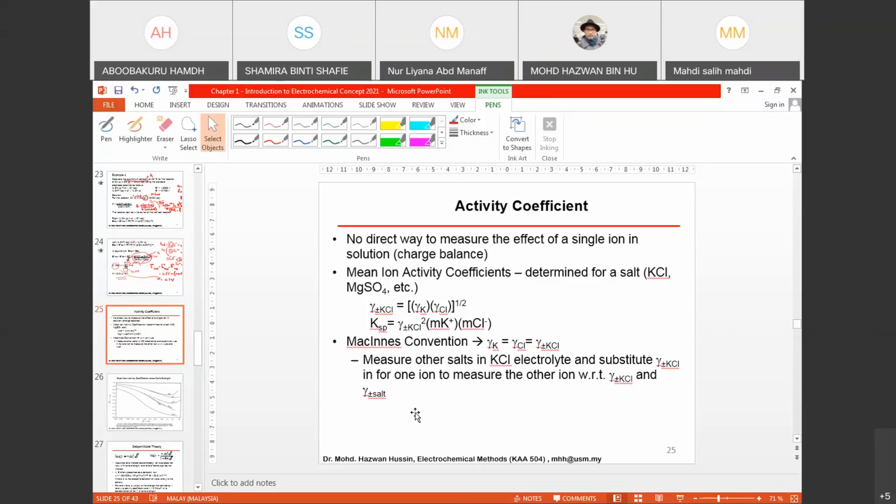This is always related with KSP. KSP is the equilibrium constant for a salt. That is why you have that kind of representation, gamma plus minus KCl, multiplied with m K plus. Small m is actually molality, and m Cl is the molality of Cl minus. All right.